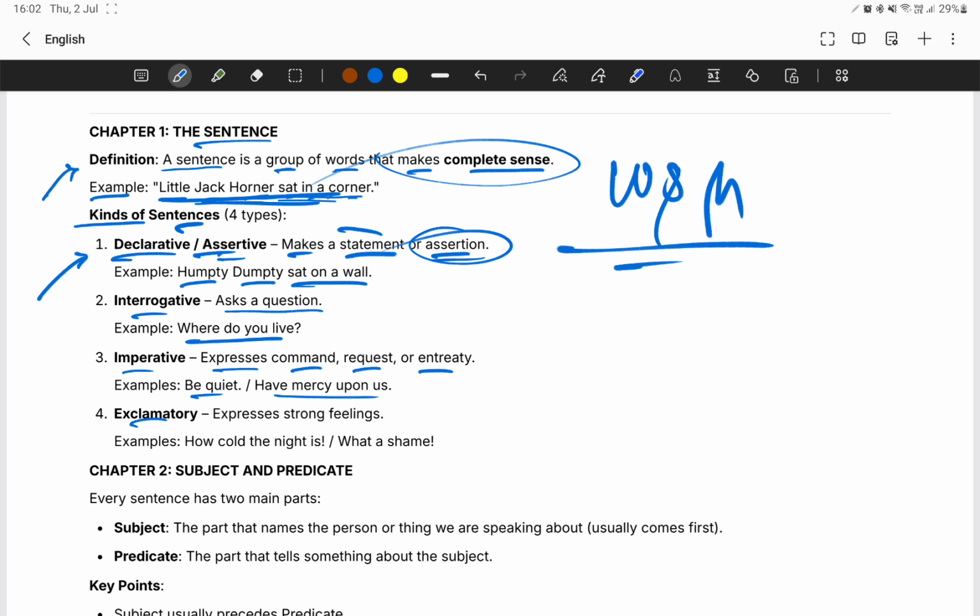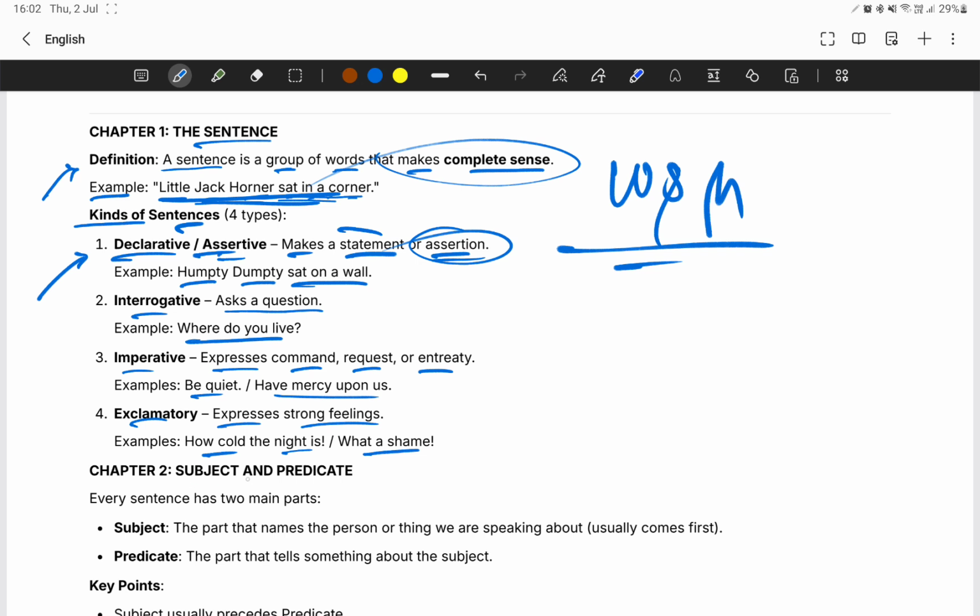Have mercy upon us, I'm just requesting from someone. And be quiet, I'm giving a command to someone. Next one is exclamatory, which expresses strong feelings. When I'm feeling really strongly, like how cold the night is, what a shame, then this is an exclamatory sentence.